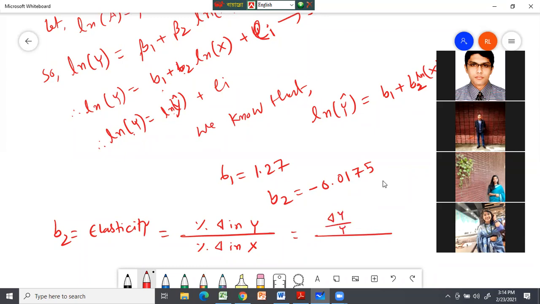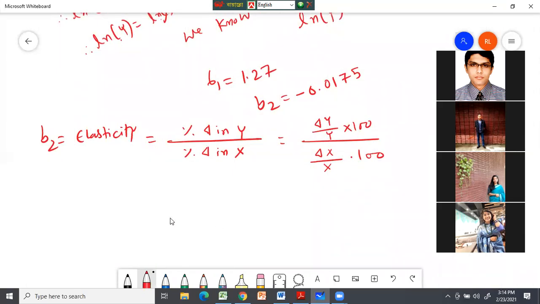Absolute change in y means the new value of y minus the old or previous value of y, divided by the previous value of y, multiplied by 100. And in the denominator portion, percentage change in x means change in x, which is the difference between the new value of x and the previous value of x, divided by the previous value of x, multiplied by 100. Okay. So this is what elasticity actually measures here.